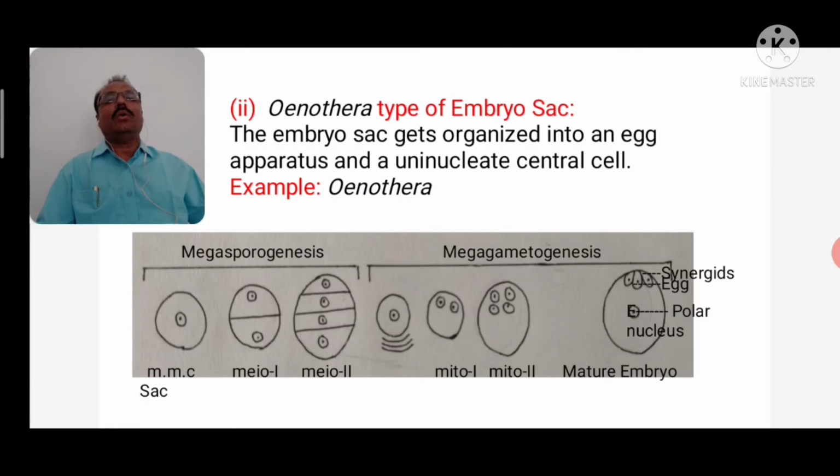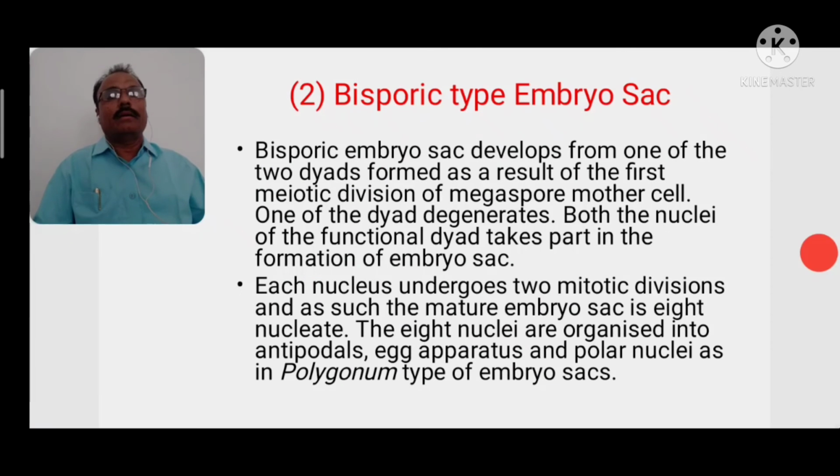For example, Oenothera. Bisporic type of embryo sac. Here, 2 megaspores, either chalazal or micropylar, are involved in the development of the embryo sac.